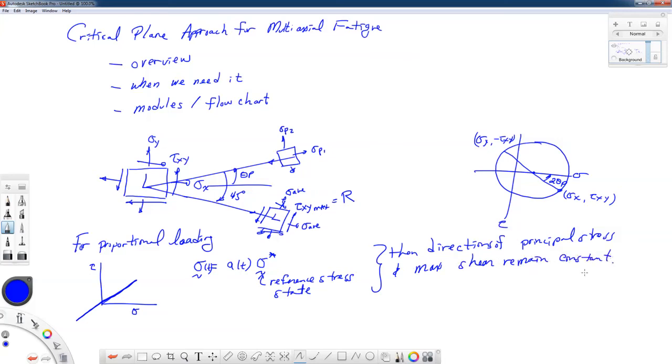Now, adding to kind of the complicated nature of fatigue is that some materials are sensitive more to shearing stresses and strains. Some materials are more sensitive to normal stresses and strains, depending on their internal makeup.